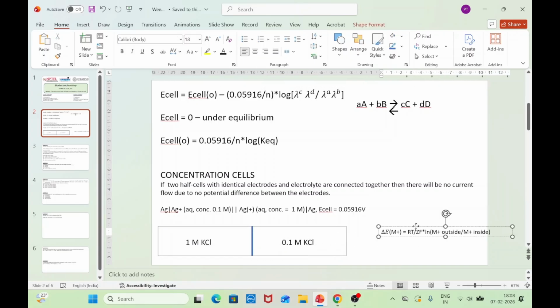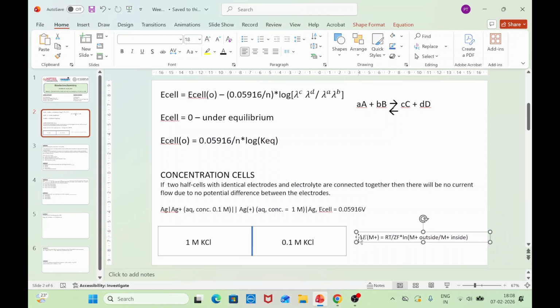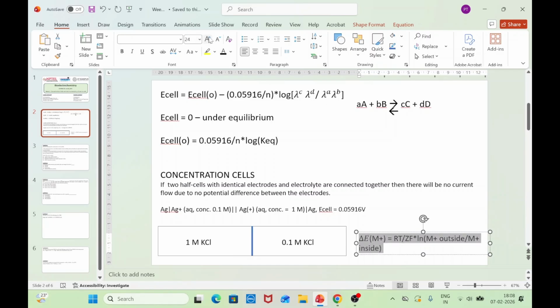This is exactly the same thing that happens in the nerve cells also.